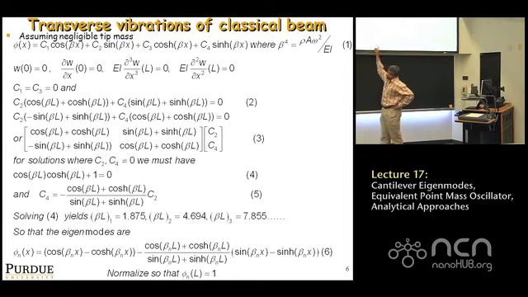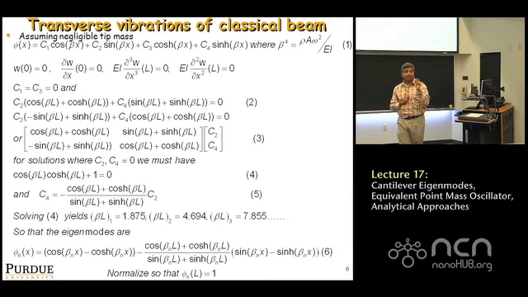It's a transcendental equation, but basically that equation is going to be satisfied for certain values of beta, right? So in other words, the left-hand side, cosine beta L times cosine hyperbolic beta L plus 1, becomes 0 only for certain discrete values of beta. Okay, there are only certain beta values that will satisfy it. Okay?